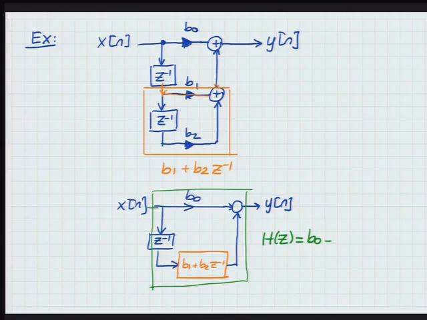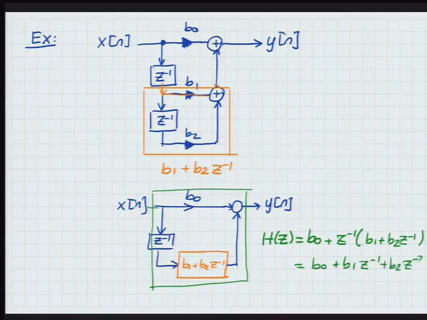Right, so Z inverse times B1 plus B2 Z inverse. All right, all together you have B0 plus B1 Z inverse plus B2 Z to the negative 2. All right, so that's the transfer function. Make sense? Okay. Any questions?